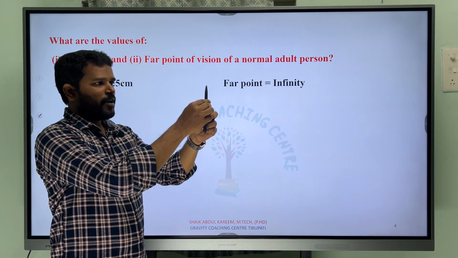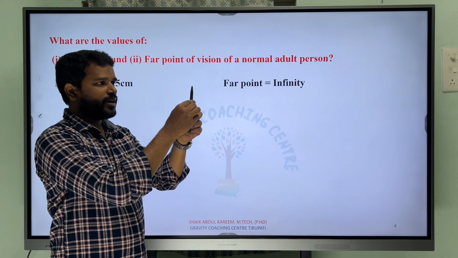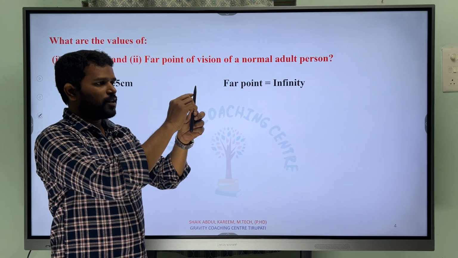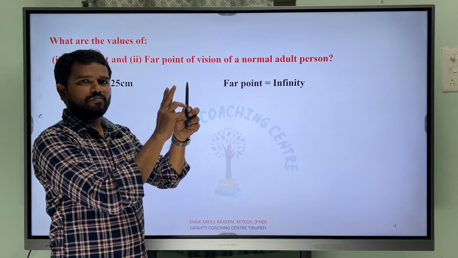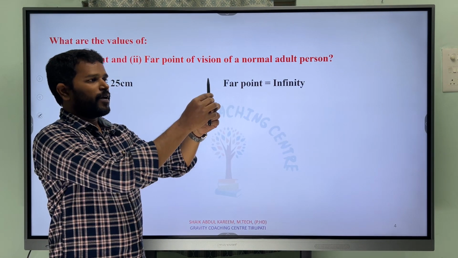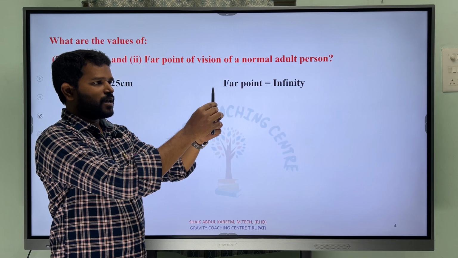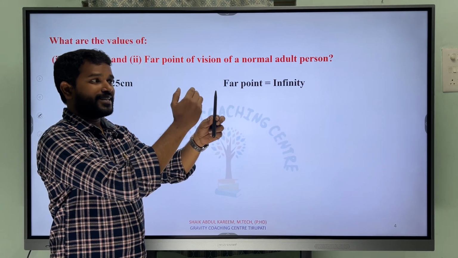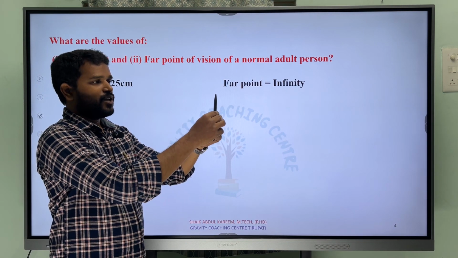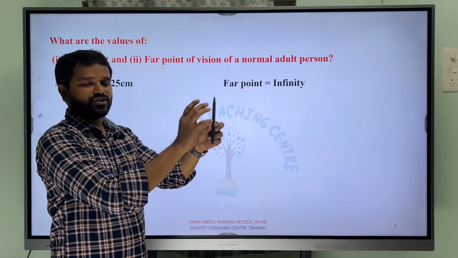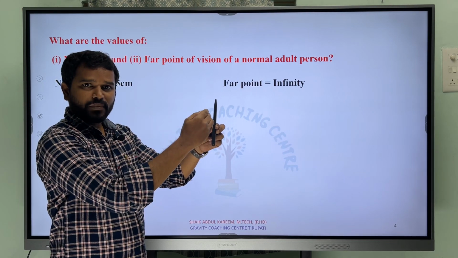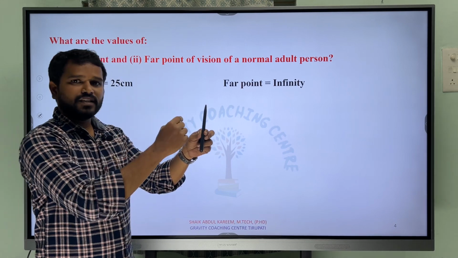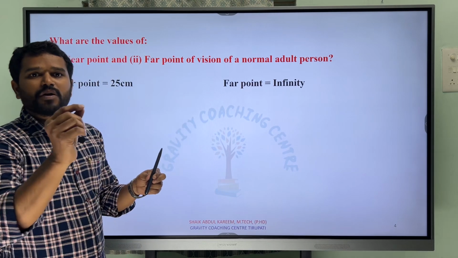If he brings the object closer than 25, the object will be blurred, or it will be visible as two objects. From 25 onwards he can see the image clearly. So this is the normal range. So near point is 25, means from 25 centimeter onwards a normal person can see clearly.